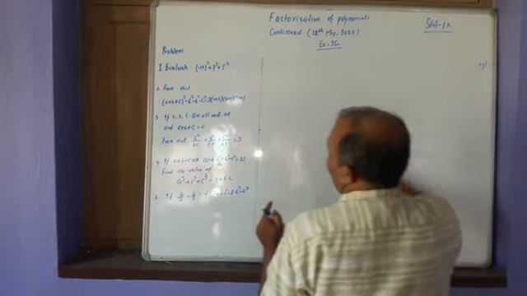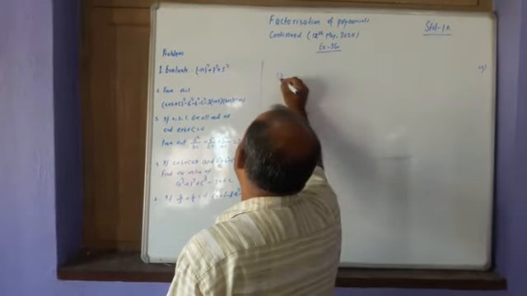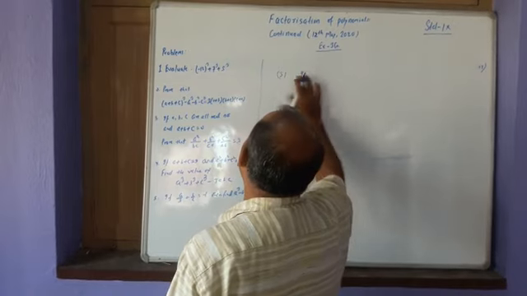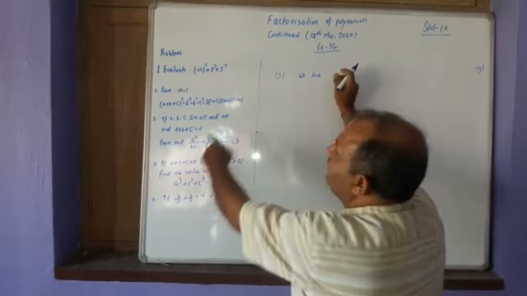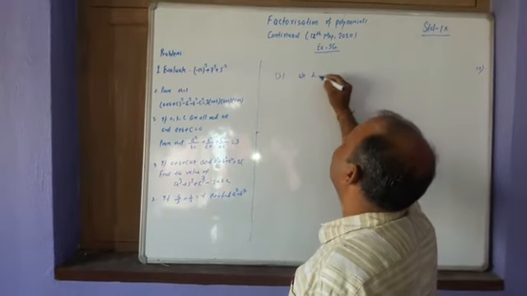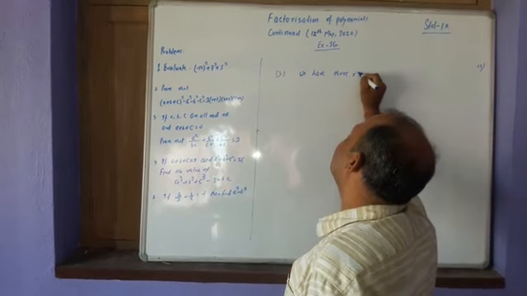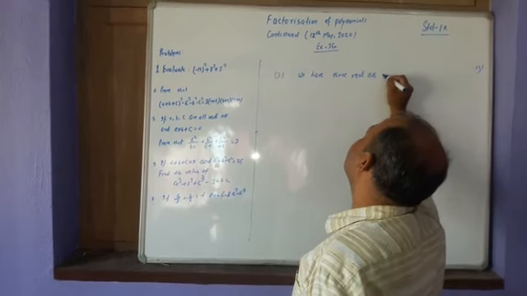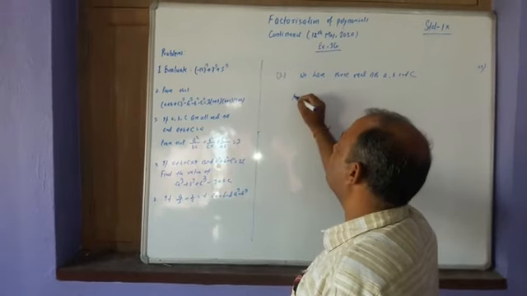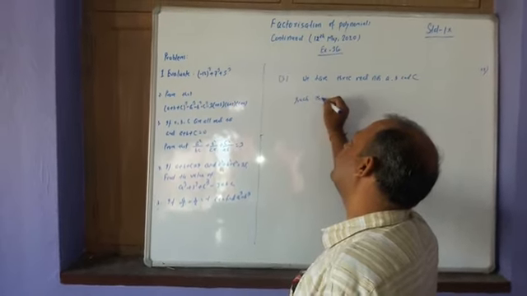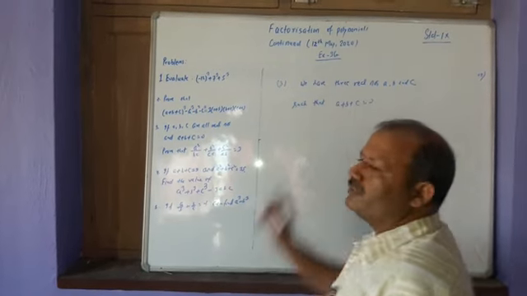What is that? The third problem is, if we have three real numbers A, B and C, such that A plus B plus C is equal to 0.